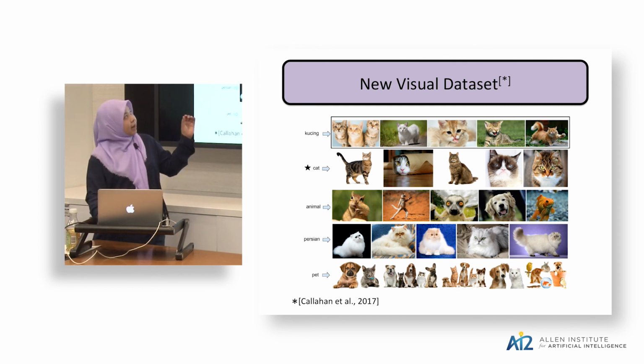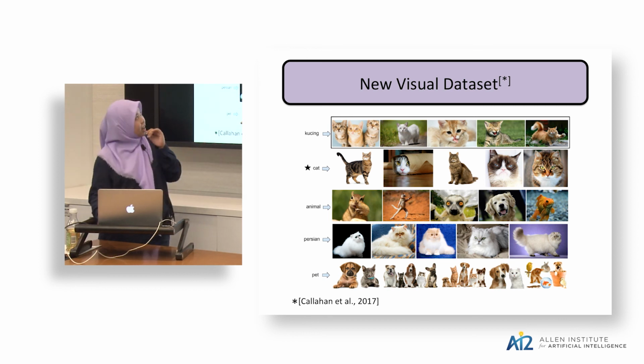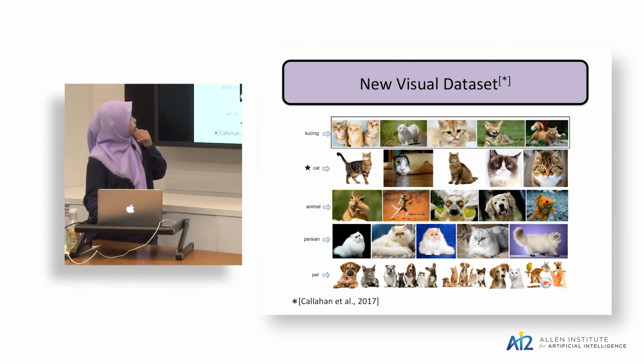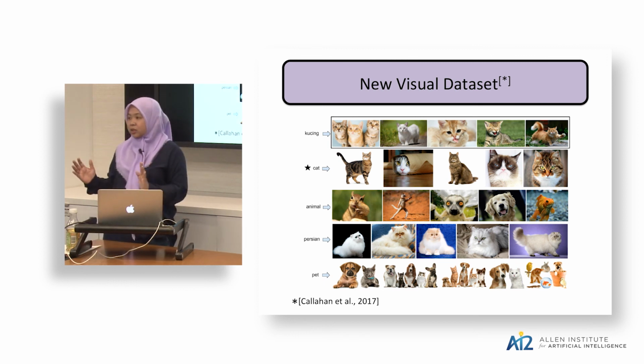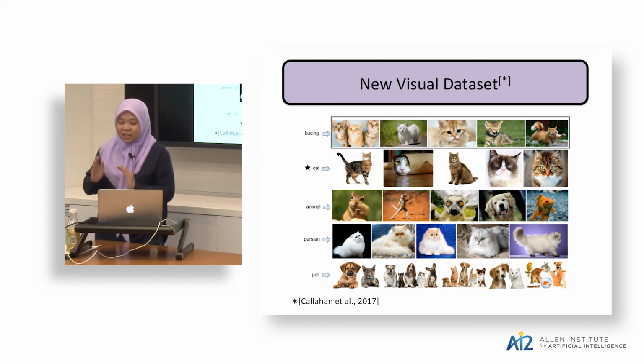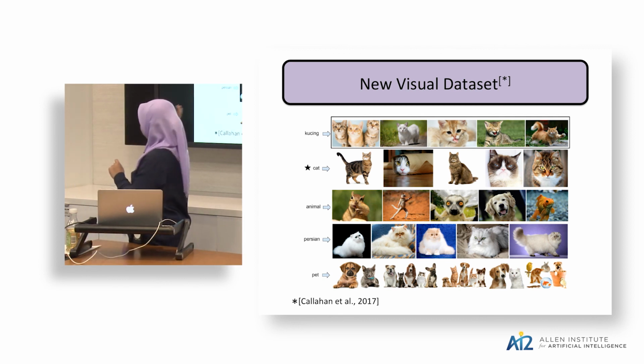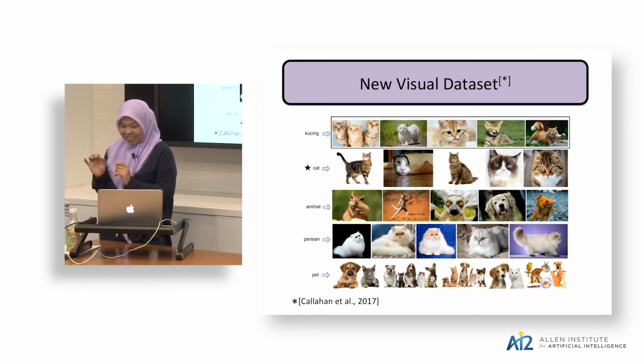And one of Chris's group has created this interesting visual data set that we will release soon. It has 100 languages, up to 10,000 words in each language, and up to 100 images for each of these words. So it contains many, many images.